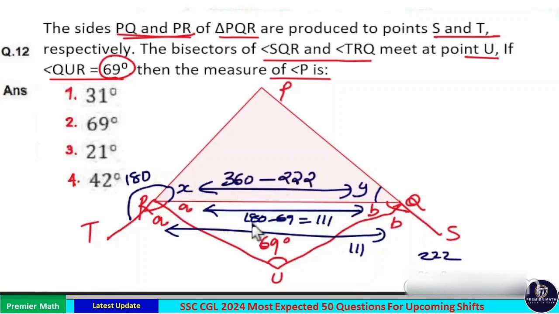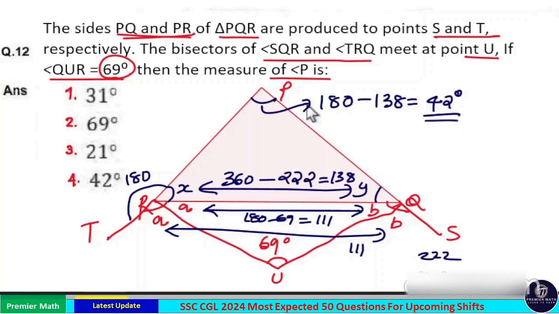That is 2A plus 2B is 222. 360 minus 222 is 138. If X plus Y is 138, then angle P is equal to 180 minus 138, which is 42 degrees. So option 4 is your answer.